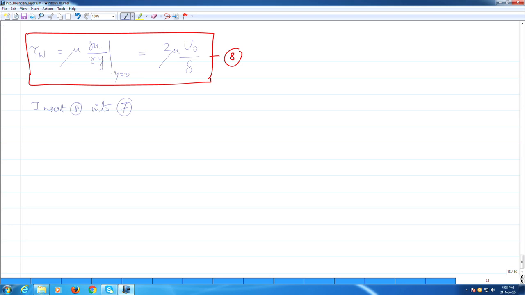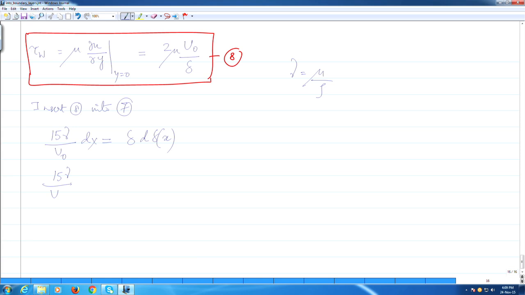If I do that, what we get is something like this: 15, dx. And then I am going to integrate this. On integration, we get 15 nu by, what is nu? This is nothing but mu by rho.